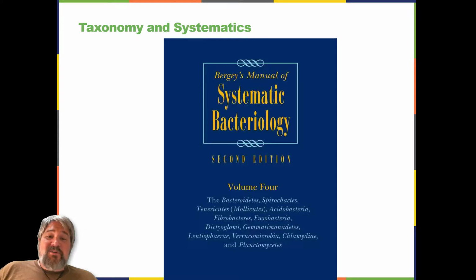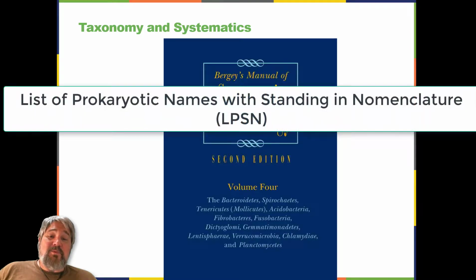It includes a large number of additional species, along with up-to-date descriptions of the taxonomy and biological properties of all named prokaryotic taxa. This publication incorporates the approved names of bacteria as determined by the List of Prokaryotic Names with Standing in Nomenclature, the LPSN.